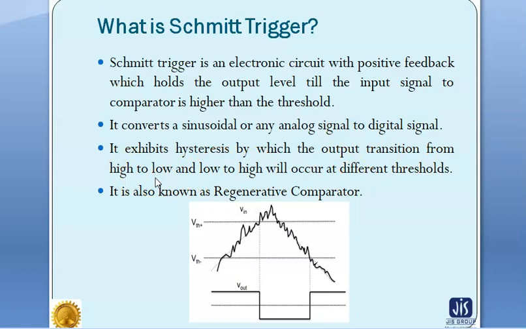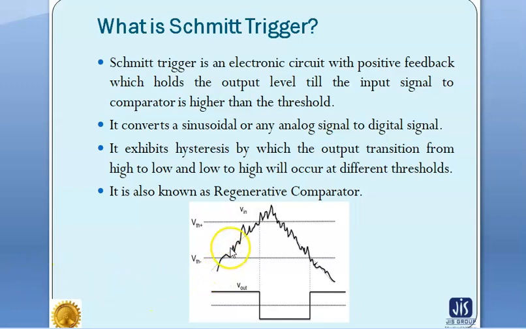It is also known as a regenerative comparator because the operation of the Schmitt Trigger requires an amplifier with positive feedback. Positive feedback means the loop gain is greater than 1. Also, positive feedback is known as regenerative feedback. Hence, it is known as a regenerative comparator.